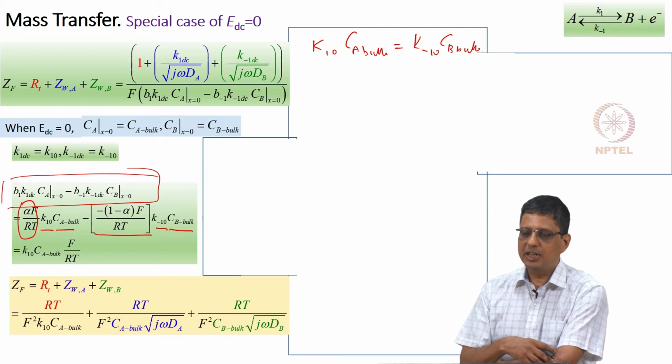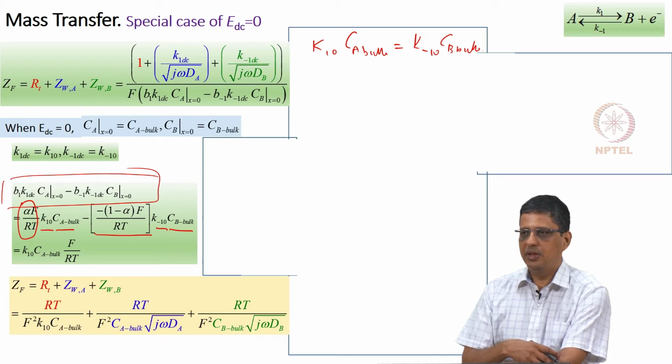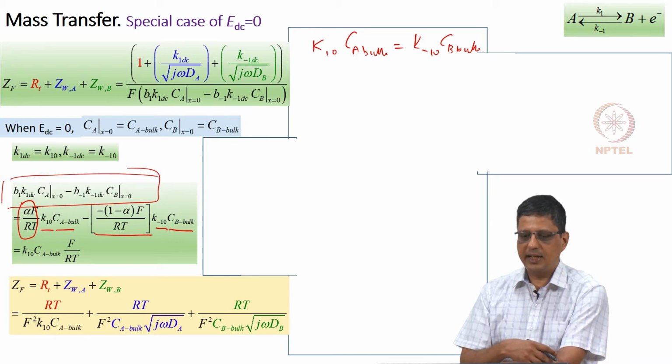k1_0 and k_minus1_0 are not completely independent, they are related. So, the moment you specify C_A bulk, C_B bulk and k1_0 and then say I am going to take the equilibrium potential as the reference potential, 0 potential, then these are related.